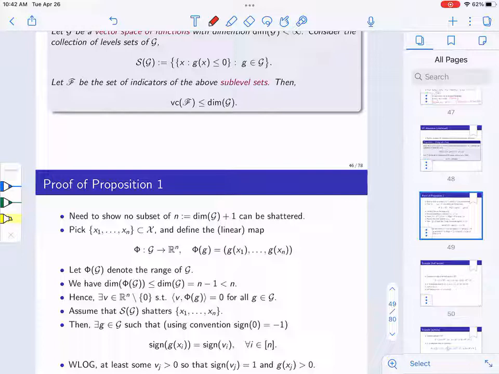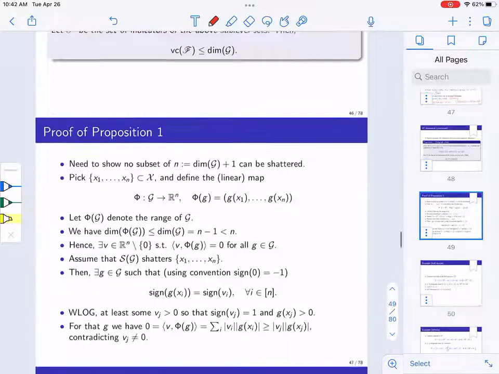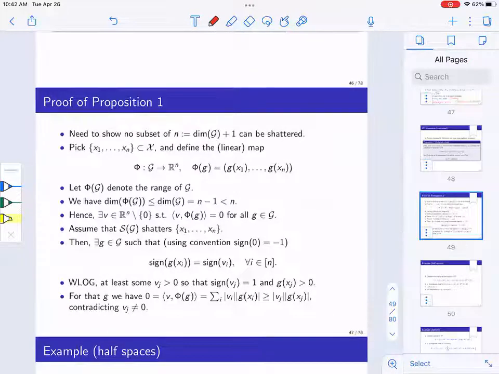So the first thing to note is that the dimension of phi of g is less than or equal to the dimension of g. Phi of g is just phi g as g varies in G, the range of this map.